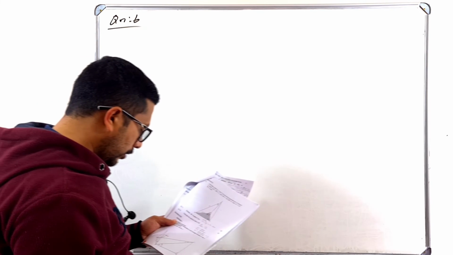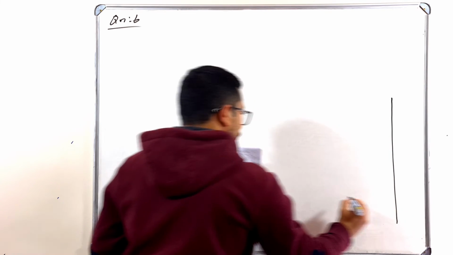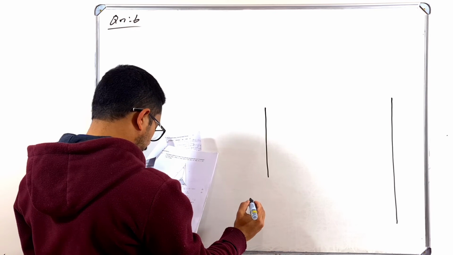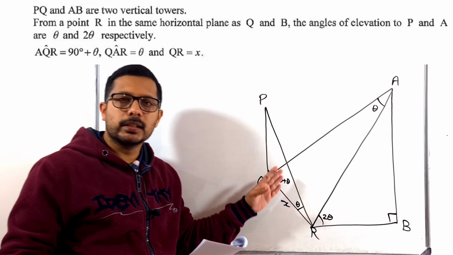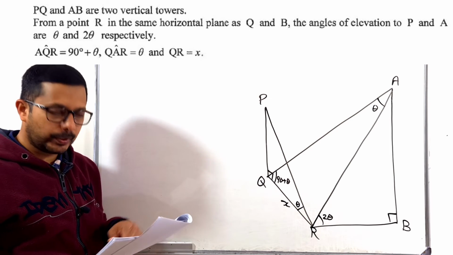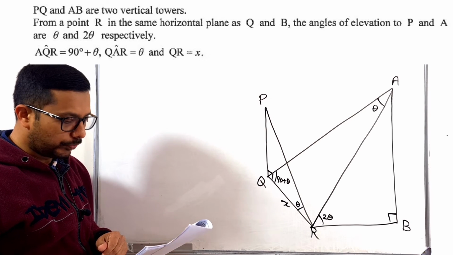So first let me draw that. So this is the diagram given. Okay, and look at the diagram and what is given there in the question paper. PQ and AB are two vertical towers.